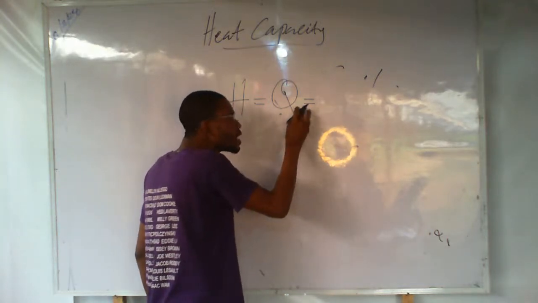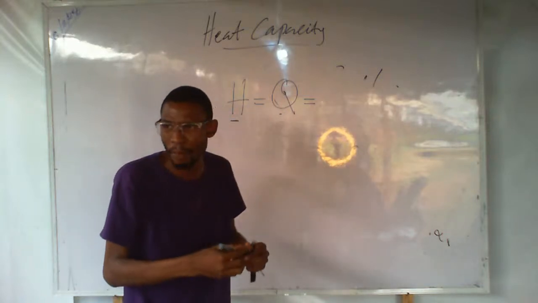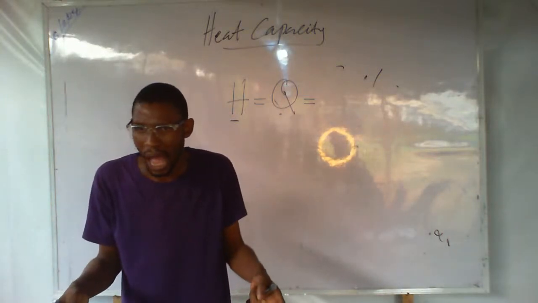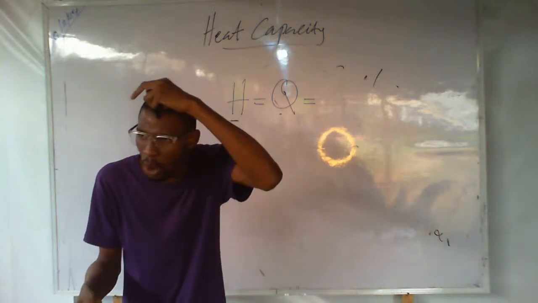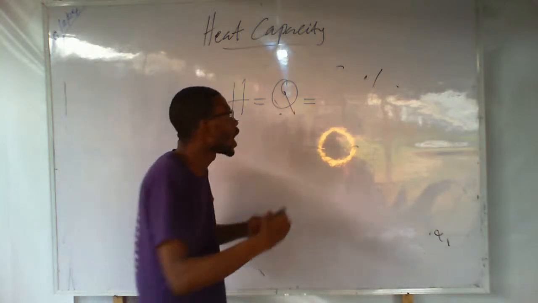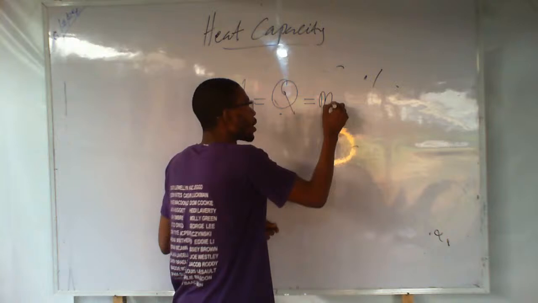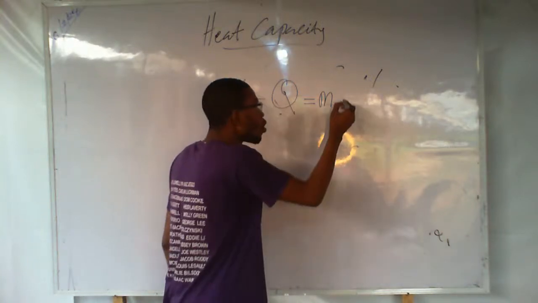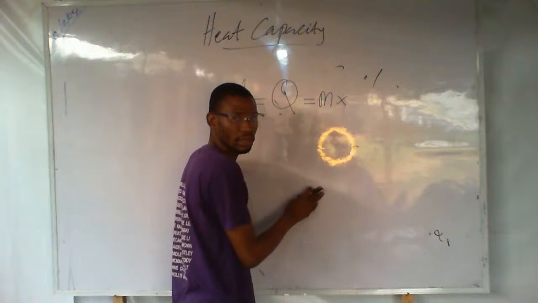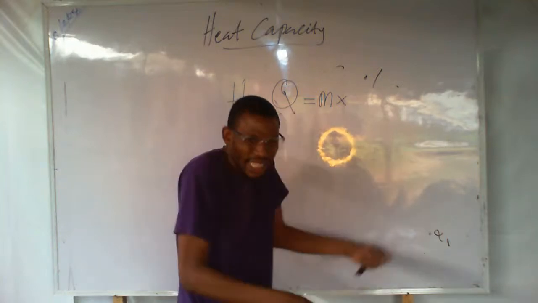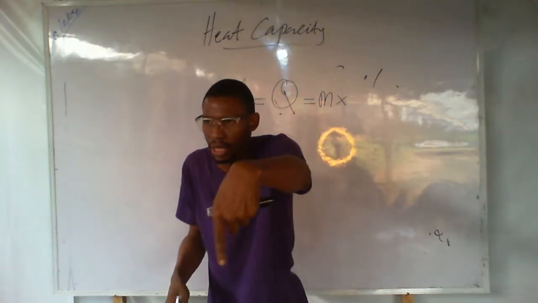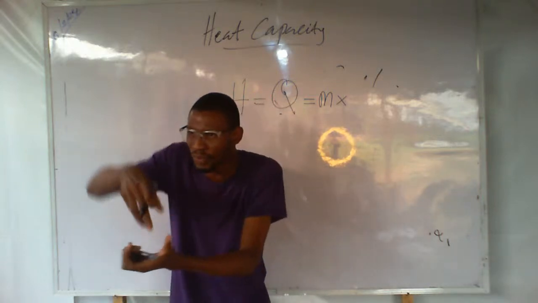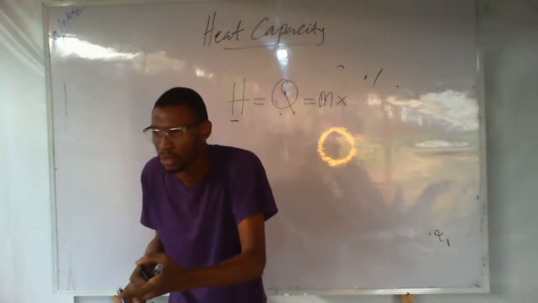Now, the material that you are passing the heat through has a mass. Let's say this is the mass of the material. Now, multiply it by the specific heat capacity, which is represented with the symbol C. That gives the total amount of heat energy that matter has.